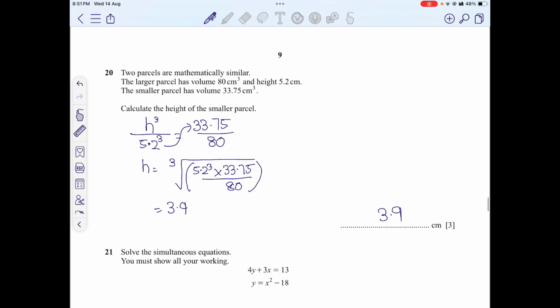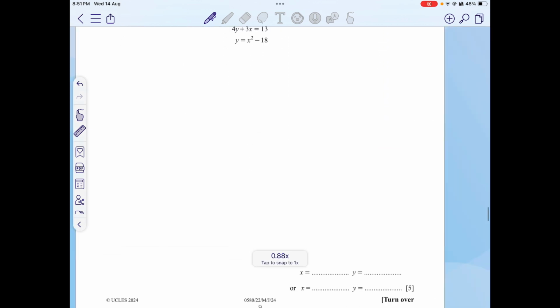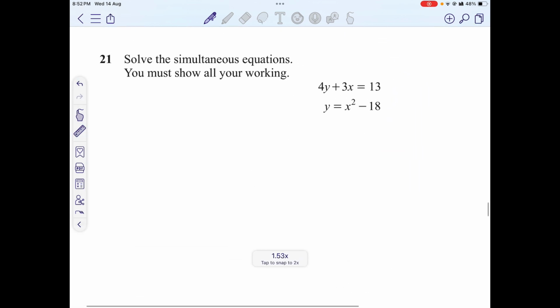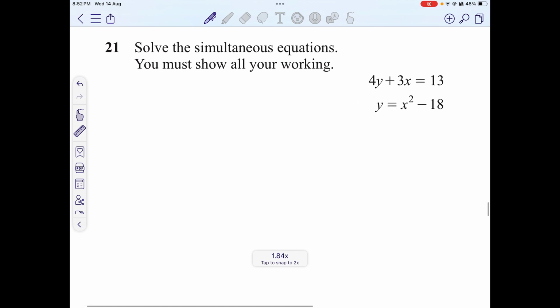3.9. Next up, we have a simultaneous equations question for, I think, 5 marks. This is an important question. It says that 4y plus 3x is 13 and y is equal to x squared minus 18. Since the value of y is given, what I could do is replace this y with this equation.